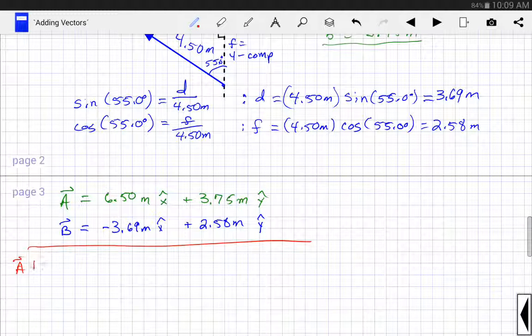So vector A plus vector B is equal to 6.5 minus 3.69. I'm pretty sure we can do that in our head, right? 50 minus 69 is going to be, whoops, put the decimal in the wrong place, 2.81 meters x hat.